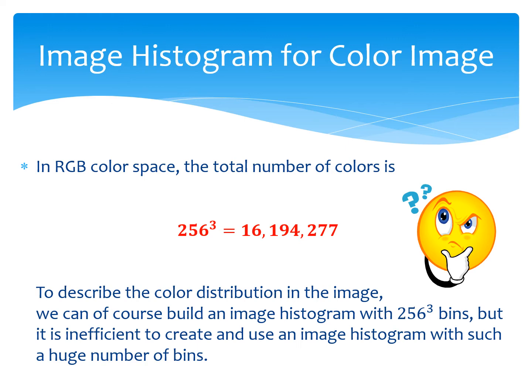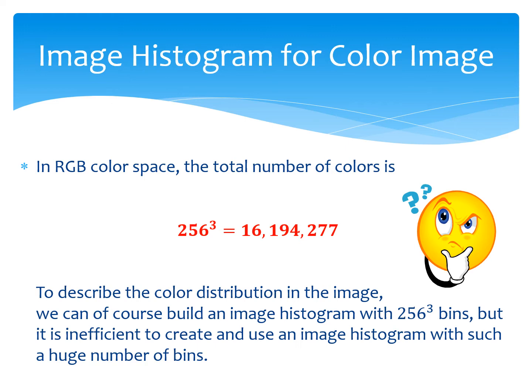Therefore, in the RGB color space, the total number of colors is 256 to the power of 3, which is more than 16 million colors. With so many different colors, how can we describe the color distribution in an RGB color image?